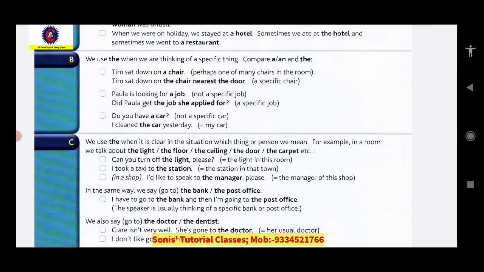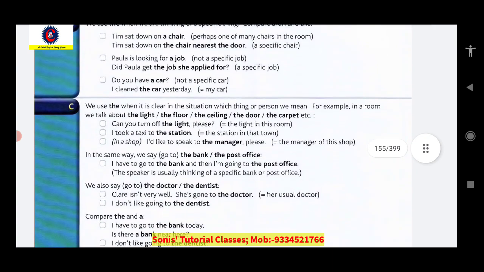I would like to speak to the manager. Why so? Because it is the manager of that company or shop. In the same way, we say go to the bank, go to the post office. Why?